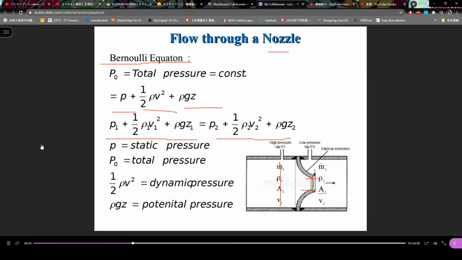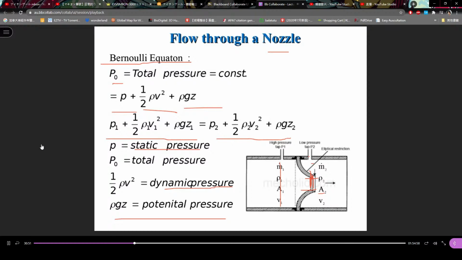Remember, this position. We measure the static pressure here. Same. So P means static pressure. This is total pressure. This is dynamic pressure, or usually we call it kinetic energy or kinetic pressure. It's a potential pressure or potential energy.